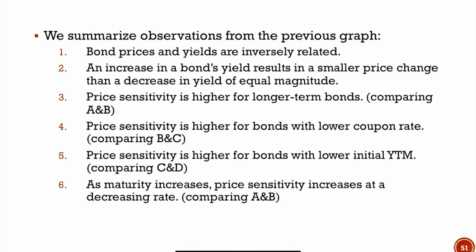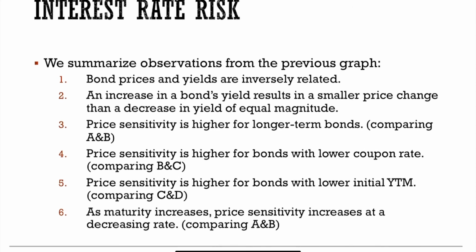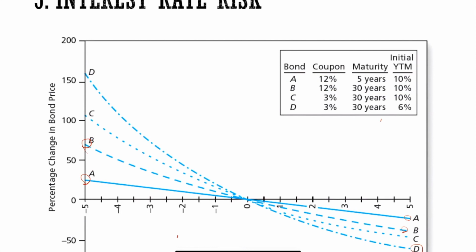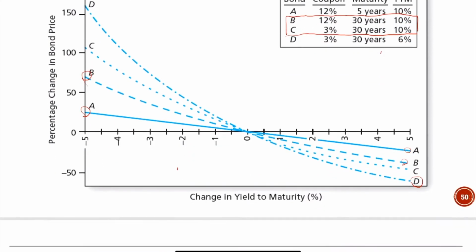observation. Price sensitivity is higher for bonds with lower coupon rate. So let's compare B and C. The only difference between B and C is their coupon rate. B has a higher coupon rate and C has a lower coupon rate.